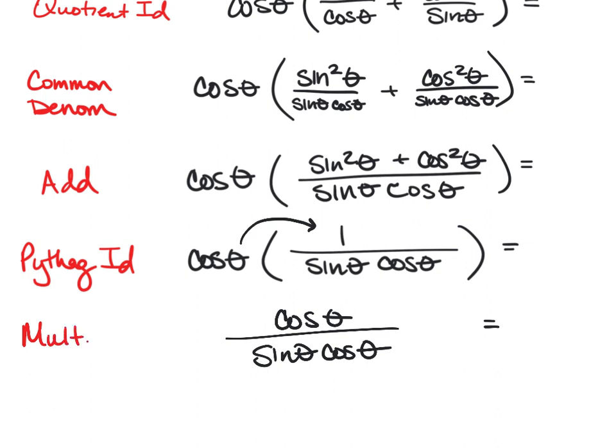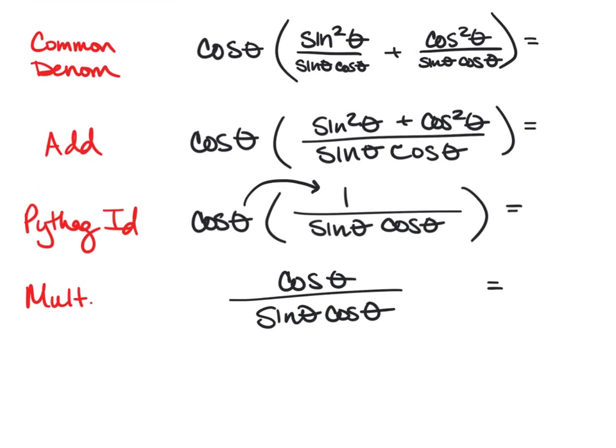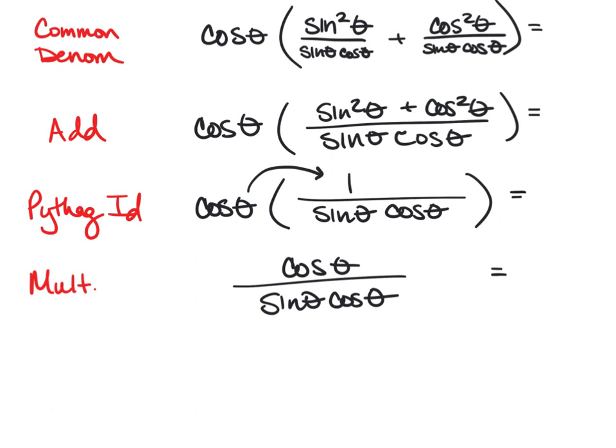Because technically this cosine is over 1, and multiplying fractions is top times top, bottom times bottom. That was a good question. And now what you've wanted to do this whole time gets to happen. What's happening here? Yay, goodbye. They cancel. I'm left with 1 over sine of theta from my canceling step.